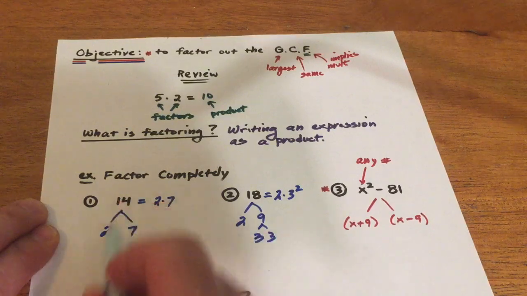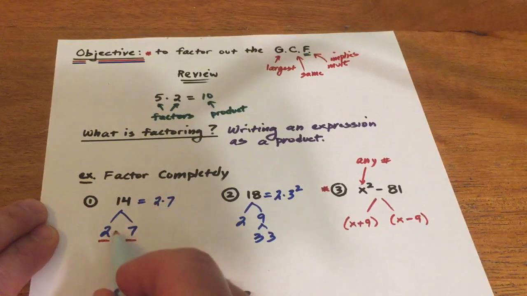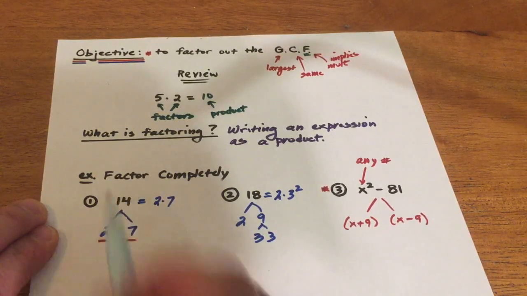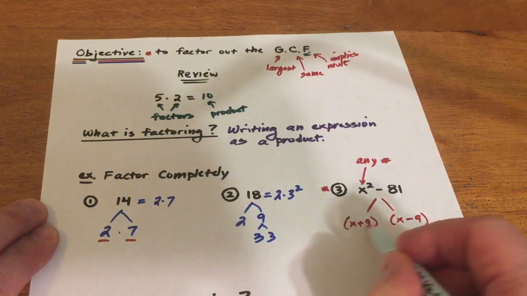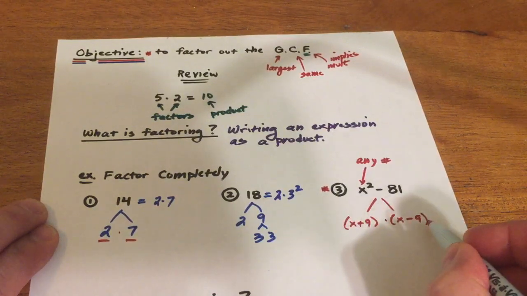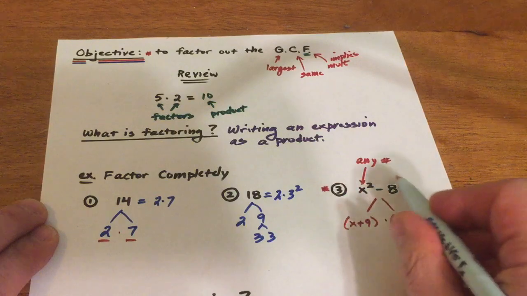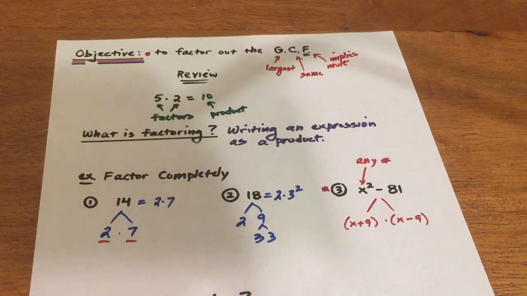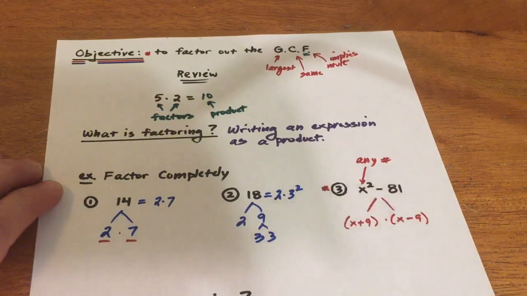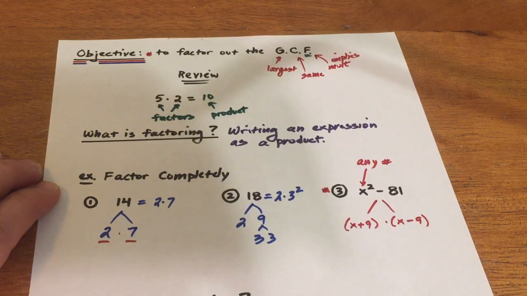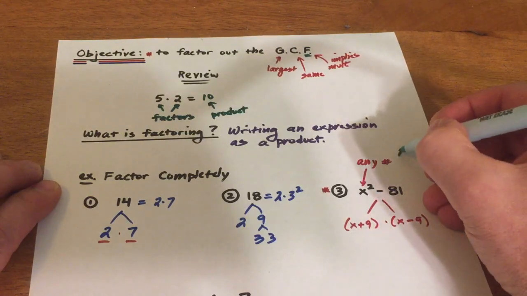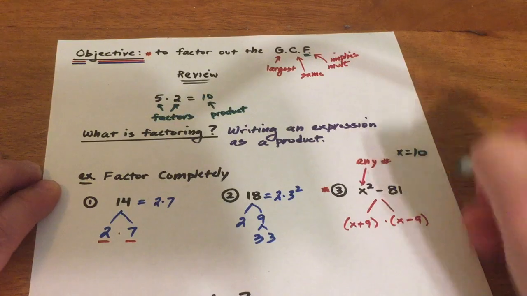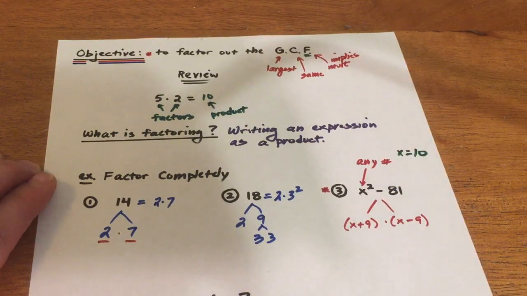So just like 14 broke down into 2 and 7, and 2 times 7 gives us the 14 back, this multiplied by that is going to give us x squared minus 81 back. Now, here's something that I think is even more fascinating. Because x can be any number, you can set x to be whatever you want, and I'm going to make x into, say, the number 10 to make it not too small but not too big.